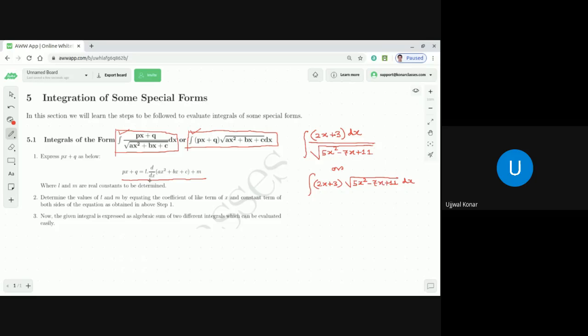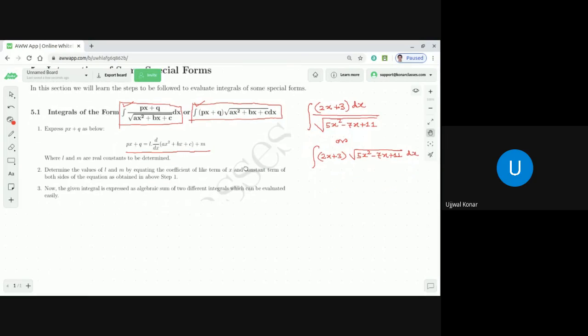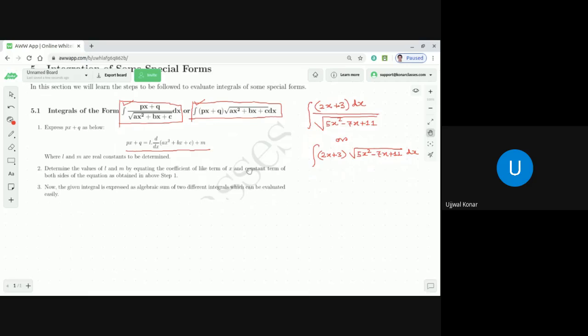Correct, no? So generically, let's take a little deep dive into it, and I'll tell you how you can find the values of L and M. Suppose you get an integration like this: (px plus q) divided by square root of ax square plus bx plus c dx.